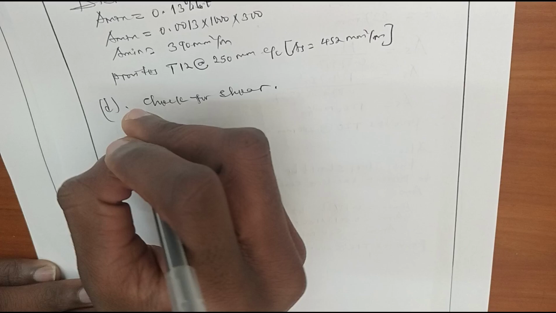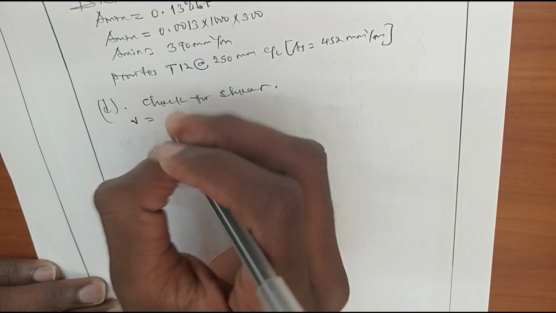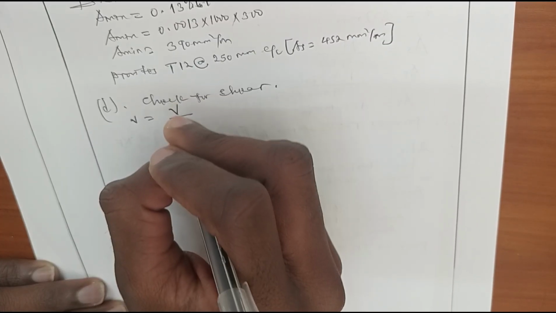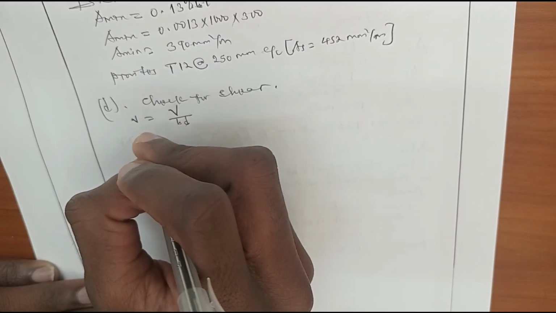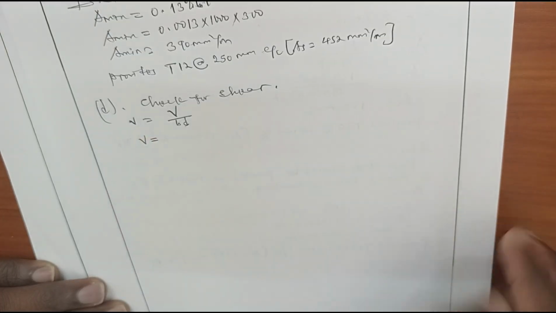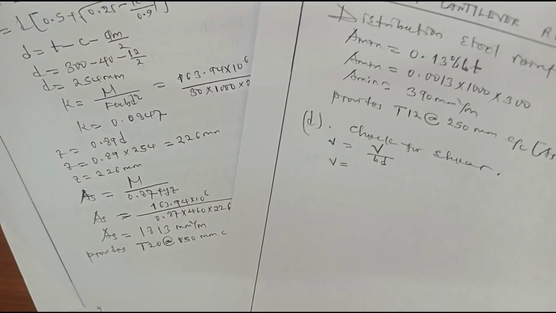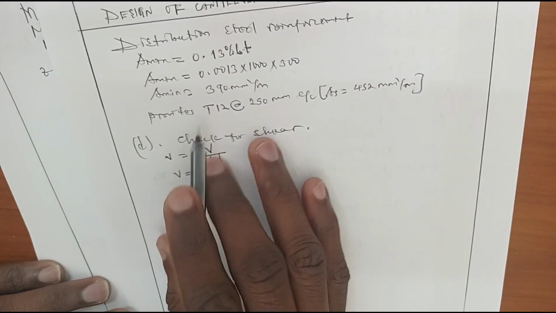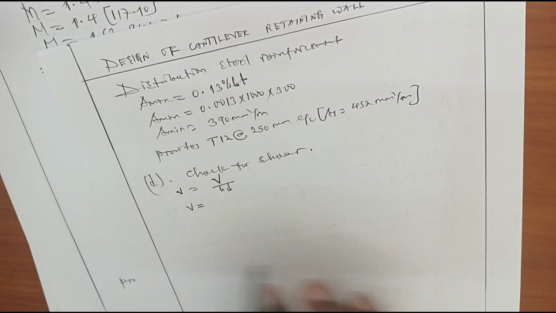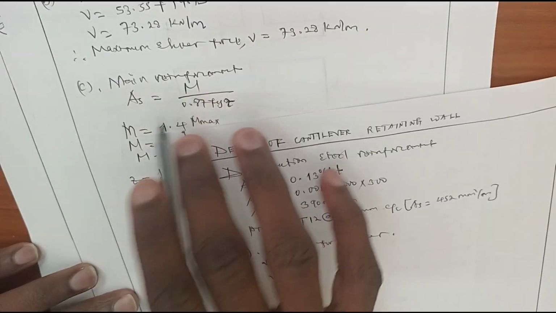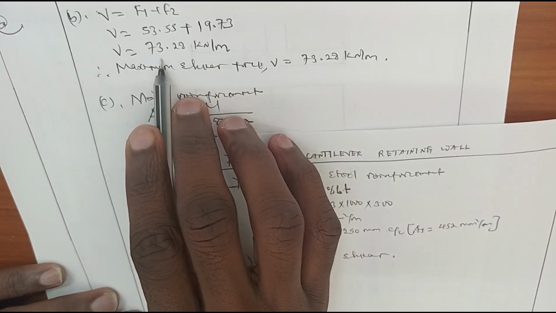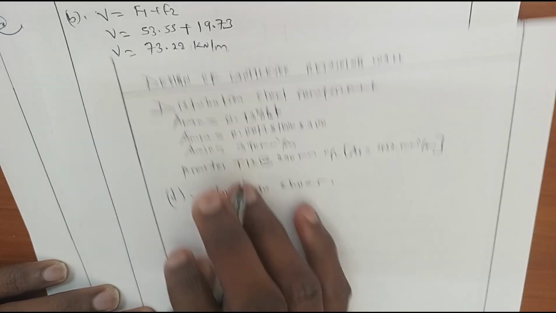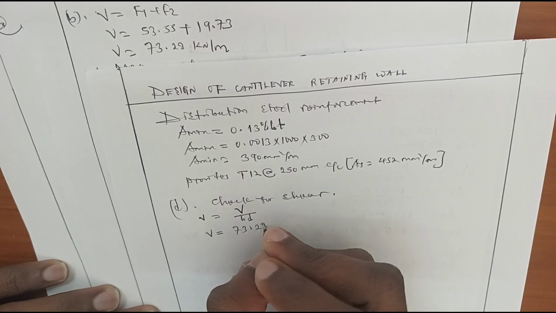First of all, determine the shear stress. Shear stress is determined by taking the maximum shear force over BD. Maximum shear force was this one, 73.28 kilonewton.